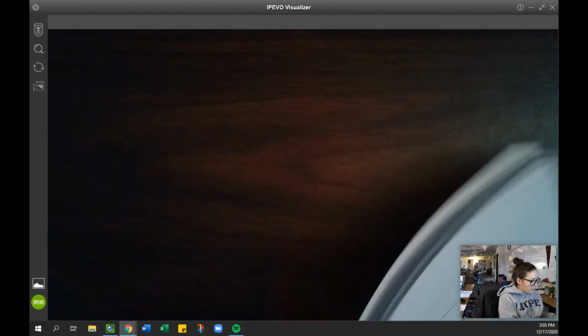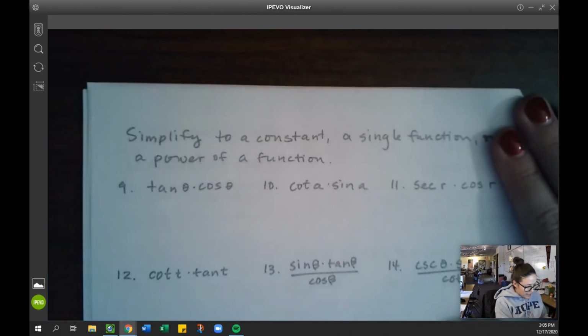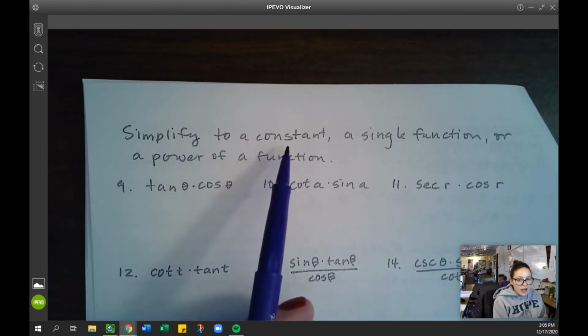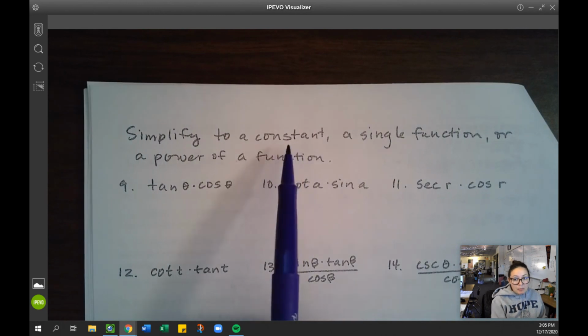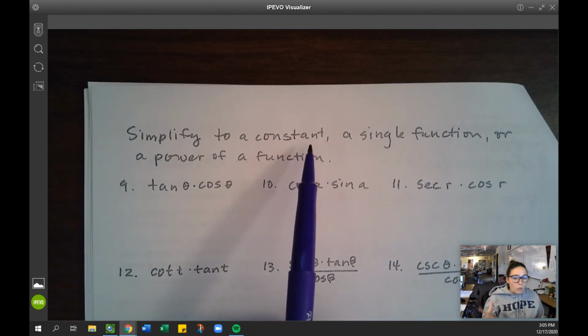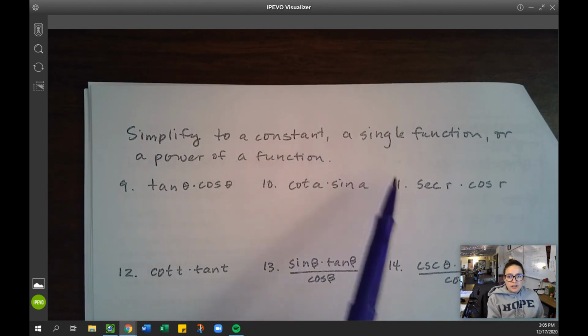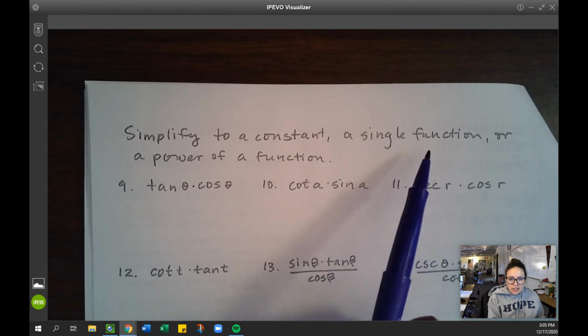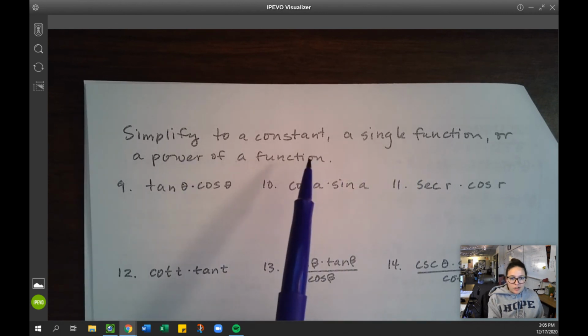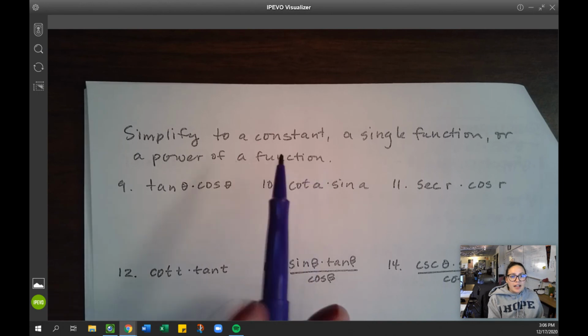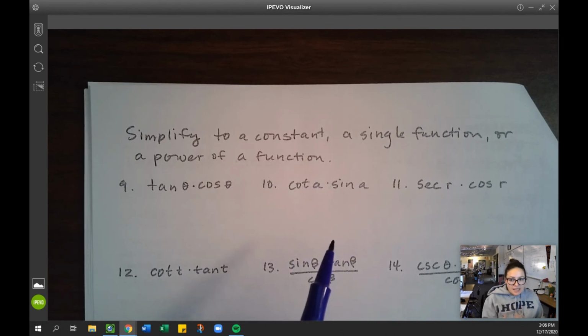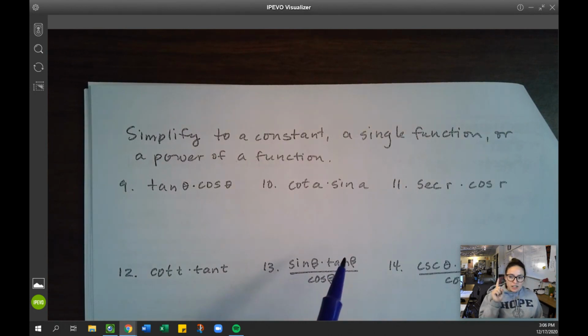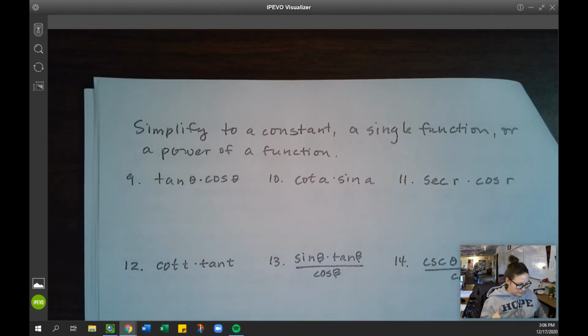And on page 10, it says simplify to a constant, which is a number. So your answer might be like 1 or 0. A single function, or a power of a function. What that means is your answer might just be sine, or it might just be sine squared, but it's just going to be one singular function.